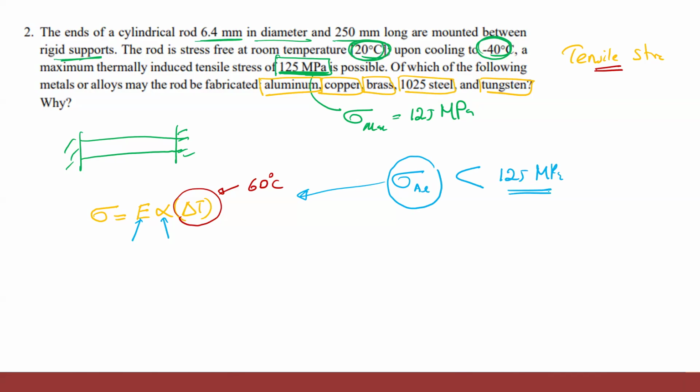But if your material is undergoing more than that, it will break, isn't it? So as long as the thermal stress induced in the material is less than 125, we can recommend that particular material. The chance of being less than 125 depends on the Young's modulus and also on the thermal expansion coefficient, alpha.